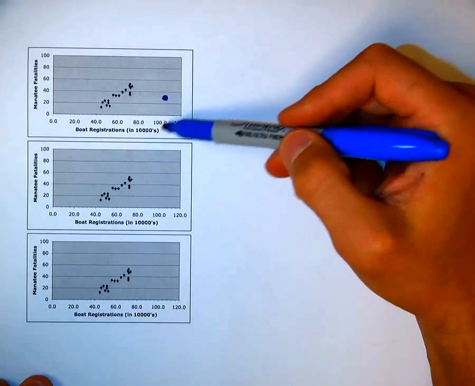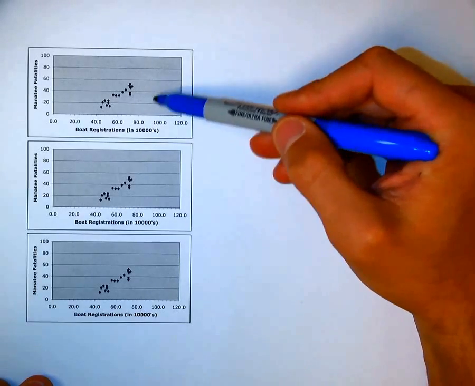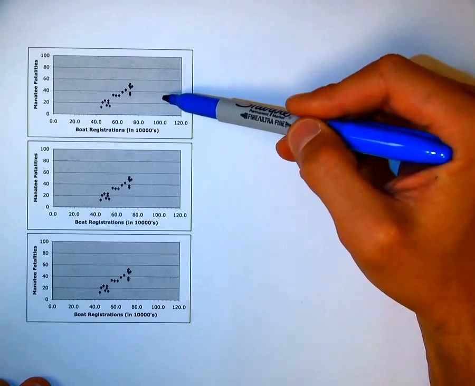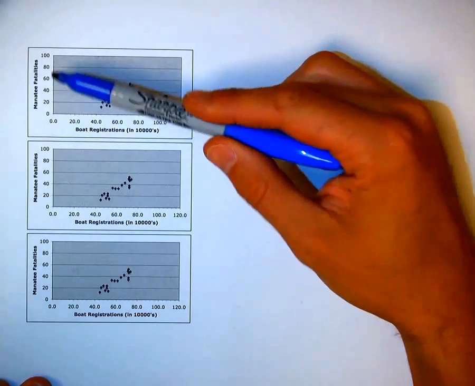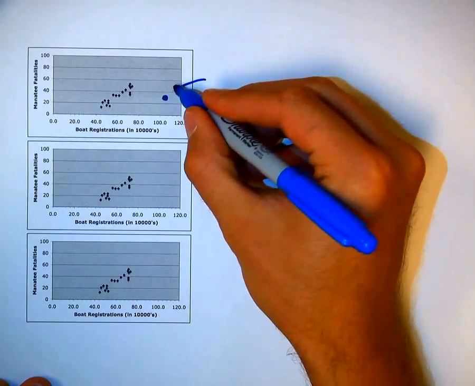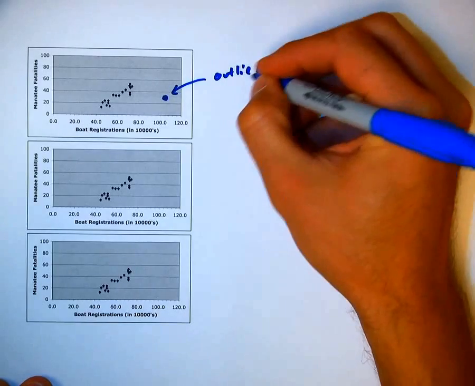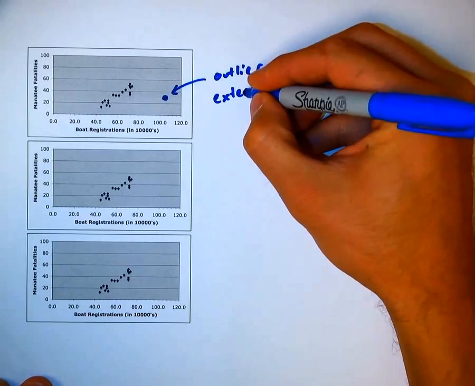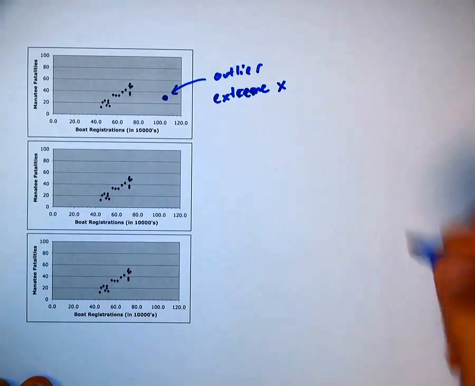You'd have way more boat registrations than normal. But the y value, right around 30, would be a pretty typical number of fatalities in a year. So what we'd say for this one is this is an outlier because it has an extreme x value.